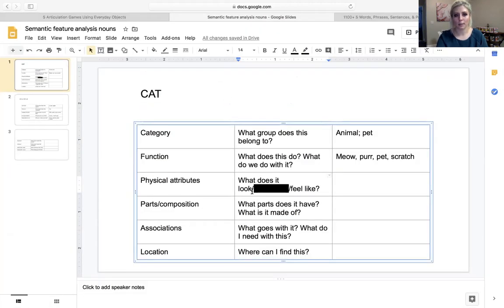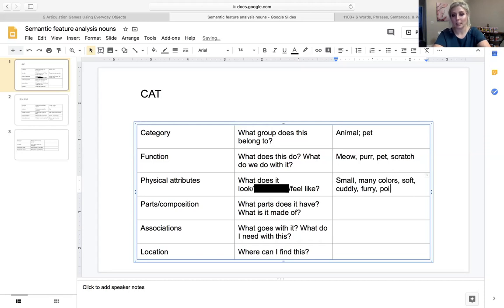But as for the look and feel, sure. So a cat is a small animal. It can be many colors, usually those neutral colors: brown, black, white, gray, sometimes orange. They're soft and cuddly and they're furry.